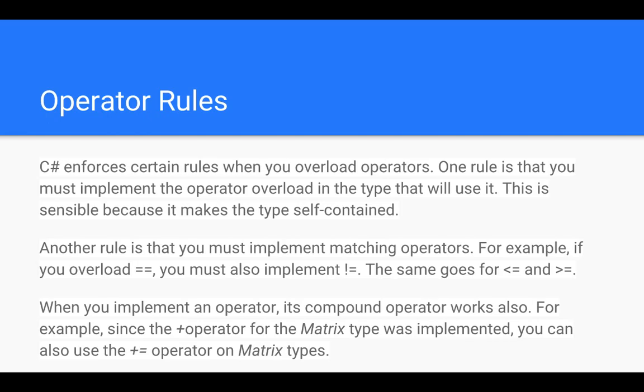The same goes for less than equals and greater than equals. When you implement an operator, its compound operator works also. That's a bonus. You get it for free. For example, since a plus operator for the matrix type was implemented, you can also use the plus equals operator on matrix types.